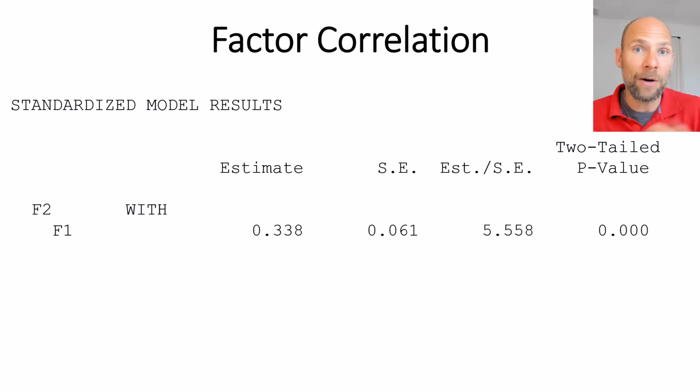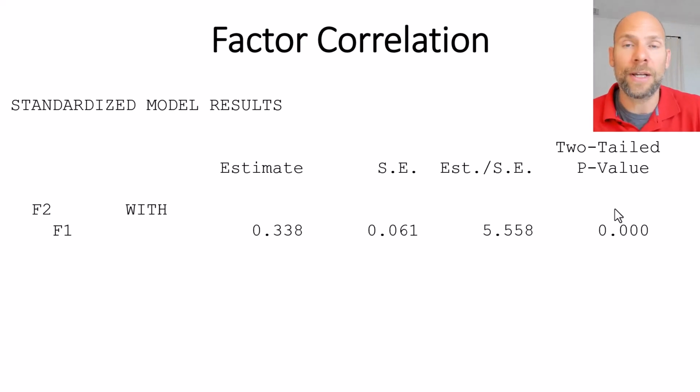So we can see now it's a medium-sized linear association between spatial abilities and math in this data set, and the correlation is statistically significant. The p-value here is very, very small. So there's a significant positive medium-sized correlation between spatial ability and math at the latent level.